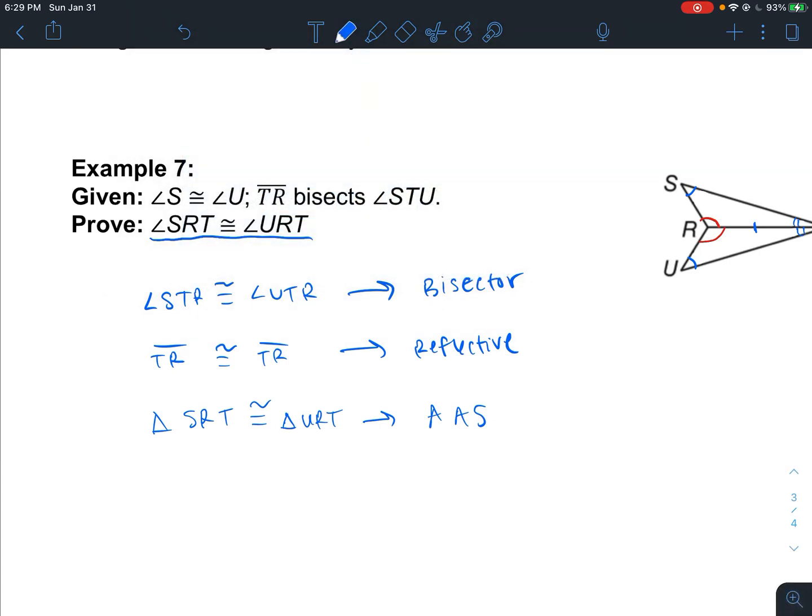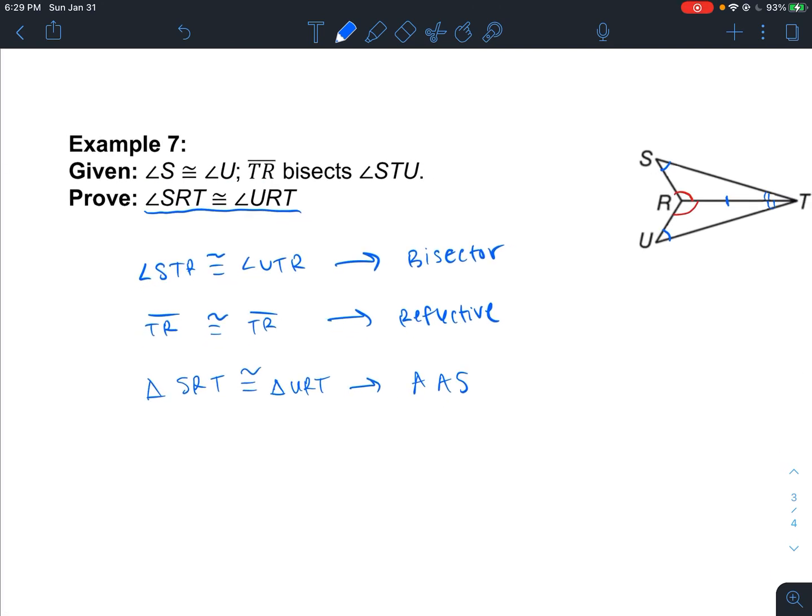Now, we know that the two triangles are congruent, and because the two triangles are congruent, I know that angle SRT is congruent with angle URT, because these are corresponding angles of two different triangles.